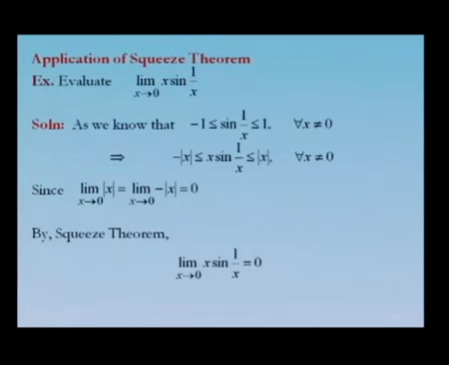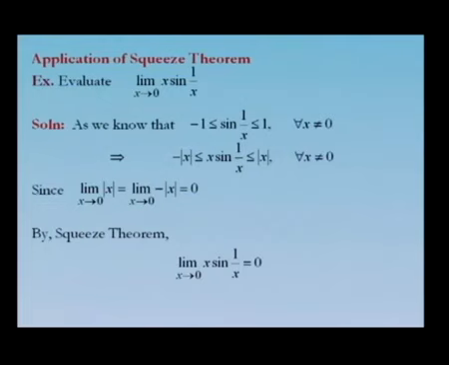We are excluding the point 0 because sine 1 upon x is not defined at 0. Now, if you multiply mod x in the inequality, we will see that x sine 1 upon x lies between minus mod x and mod x for all non-zero x.